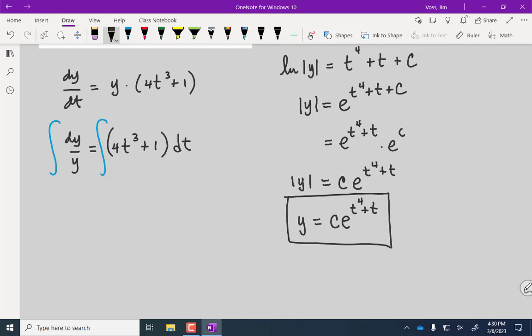Absolute value of y is either plus 1 times the right or minus 1 times the right. In both cases, a constant times the right-hand side. So now we have our explicit general solution.